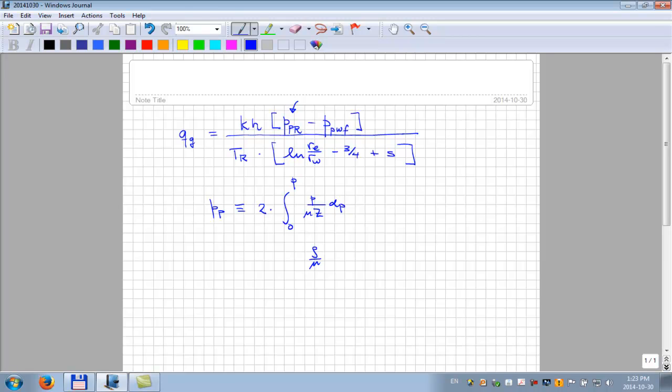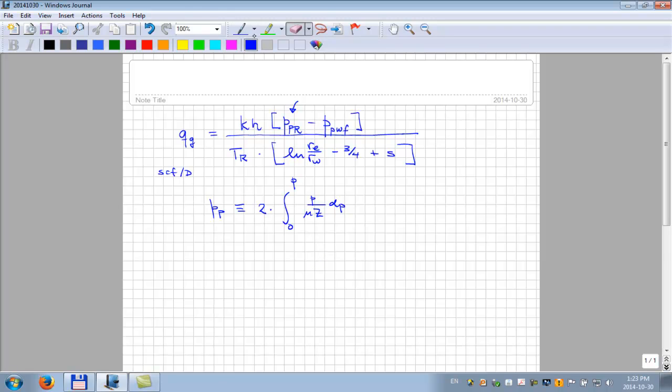I think that was it. So this is in standard volumes per day, so it would be like standard cubic feet per day. And yeah, it's derived from Darcy's law. Any questions about this? This is pretty much what we did last week.